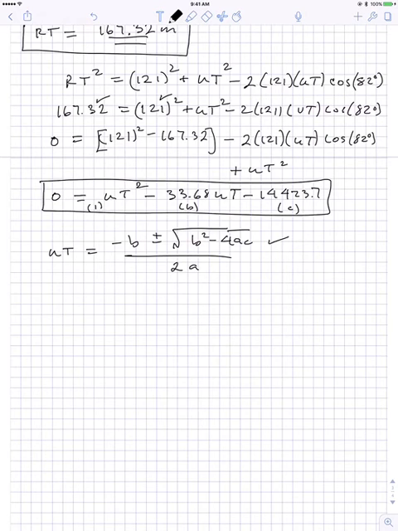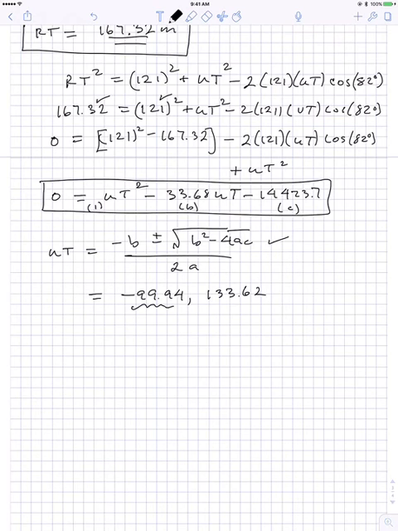I'm not going to do that, but you can plug that in, and when you do, I get answers of minus 99.94 and 133.62. So there's two answers here, of course, because it came from a quadratic equation.